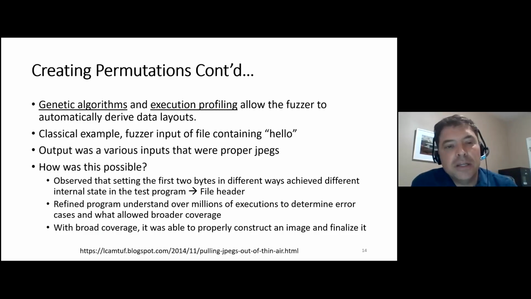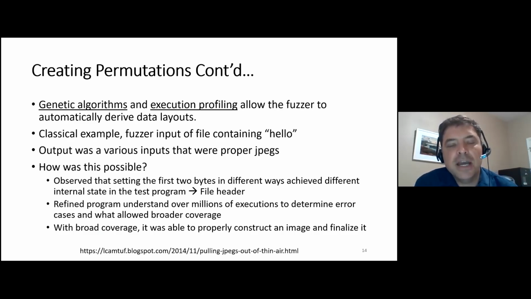And the way that AFL and some of these other fuzzers work is they use genetic algorithms, and they also profile the execution. That means that sometimes they will splice together 2 different inputs and come up with a third input, or they might flip certain bits of an input.